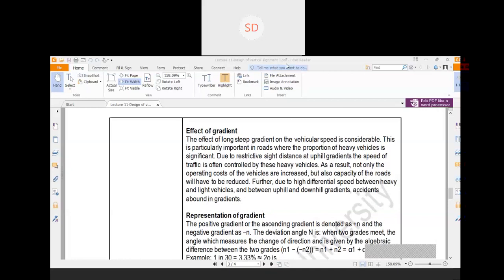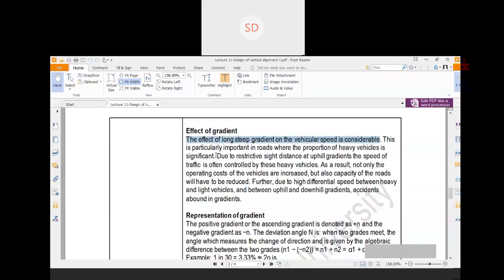Now, the next question is the effect of gradient. The effect of a long steep gradient on vehicular speed is considerable. This is particularly important on roads where the proportion of heavy vehicles is significant. In such cases, the effect of a long steep gradient is very strong, because it reduces the speed of the vehicle.